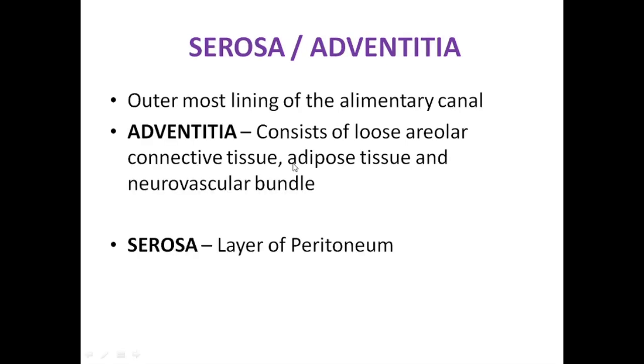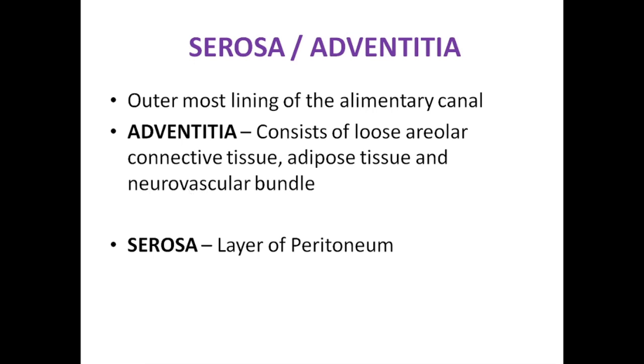And serosa or adventitia is the outermost lining of the alimentary canal. It is important to remember, if a structure is a peritoneal structure, then the outer covering of that structure will be serosa. But if the structure is a retroperitoneal structure, then the outermost covering will be the adventitia, which consists of loose areolar connective tissue, adipose tissue and the neurovascular bundle.